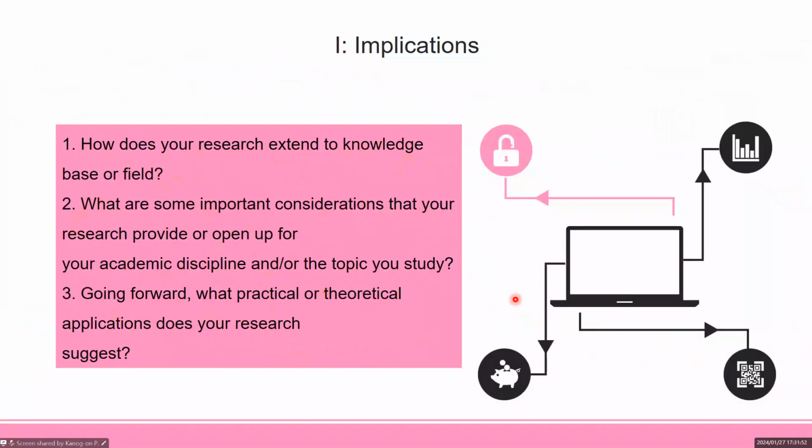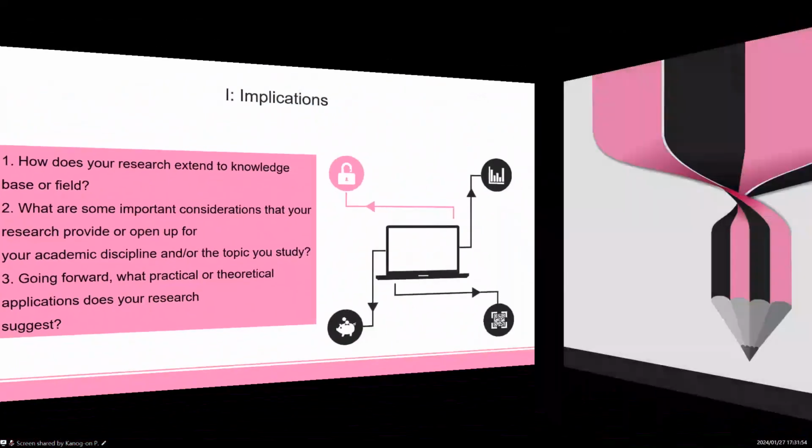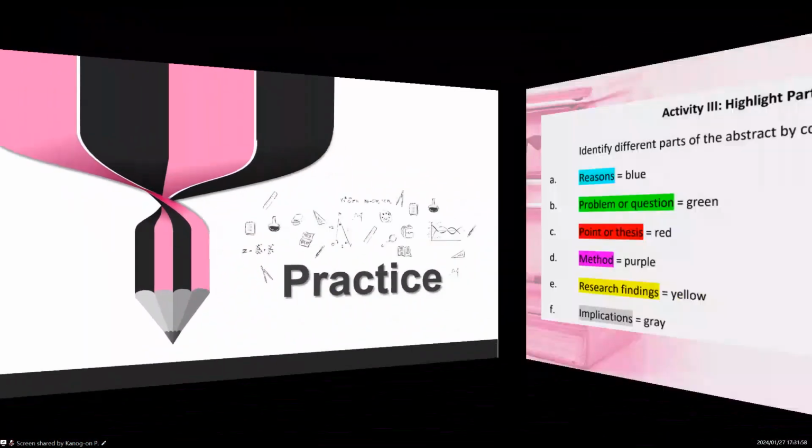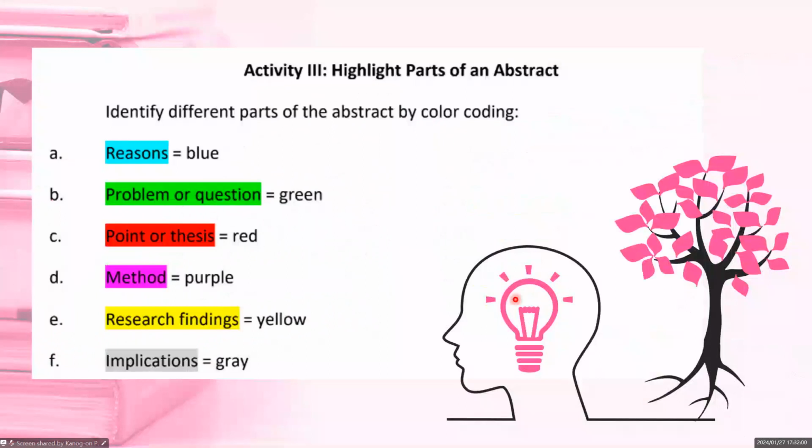Okay, here I would like to show you. Let's practice, right? Let's see some of the abstracts. So what we need to do is identify different parts of the abstract by color coding.